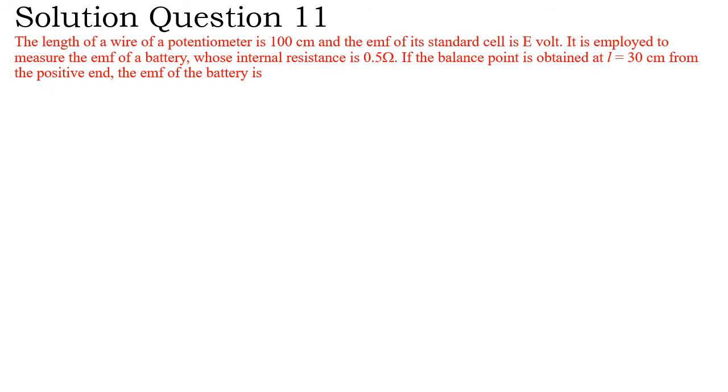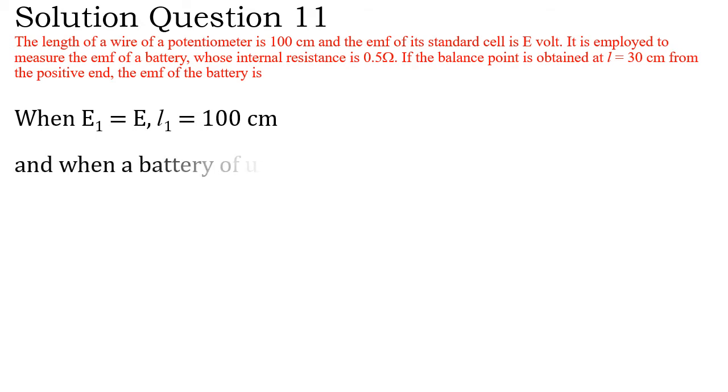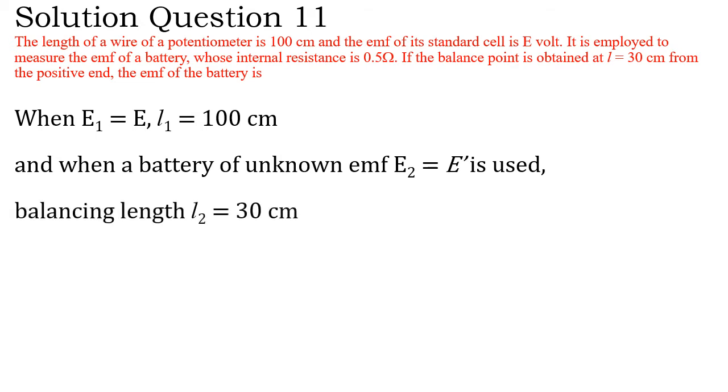Here, when E1, that is the EMF of the cell, is capital E, under that situation balancing length is found to be 100 centimeter. It is given already in the problem. And when a battery of unknown EMF E2 is equal to E dash is used, I am using that second EMF as E dash here, and under that situation balancing length L2 is given as 30 centimeter.